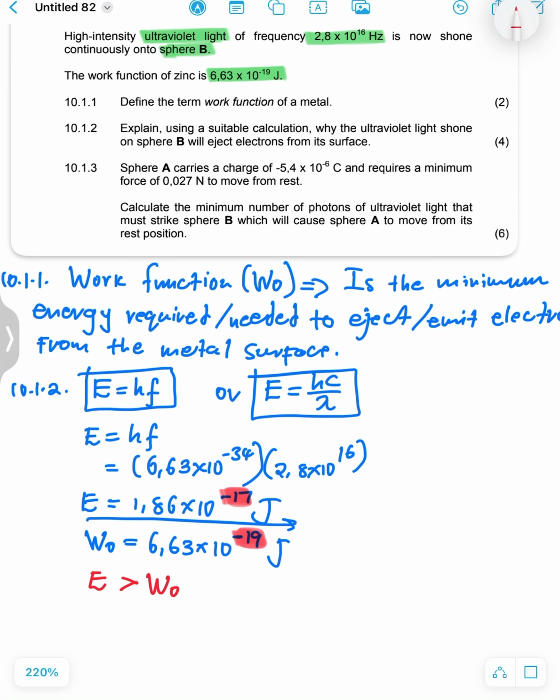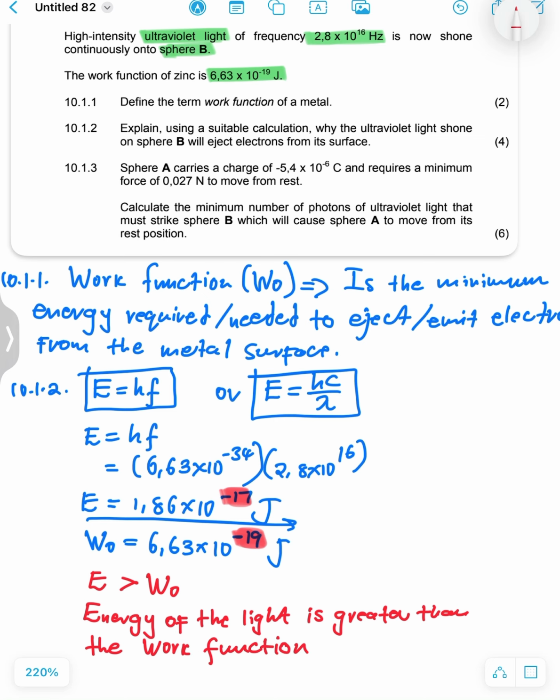So this is the reason for the electrons to be ejected: the energy of the light is greater than the work function, which is the minimum energy.